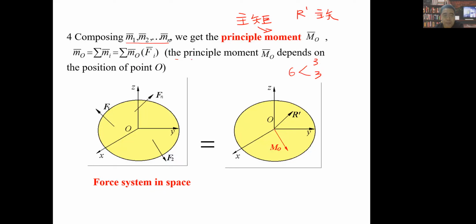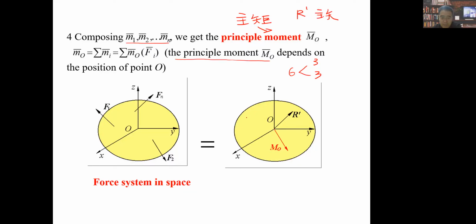So it tells us MO actually equals this. So the principal moment MO depends on the position of point O. That is another big difference between MO, the principal moment, and the principal vector R prime, right? So we have the same original force system.